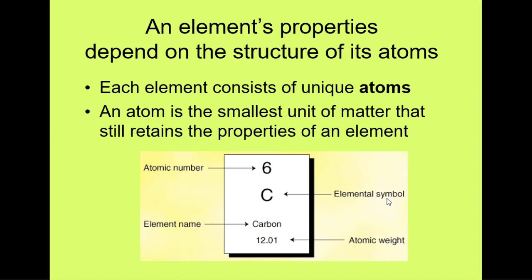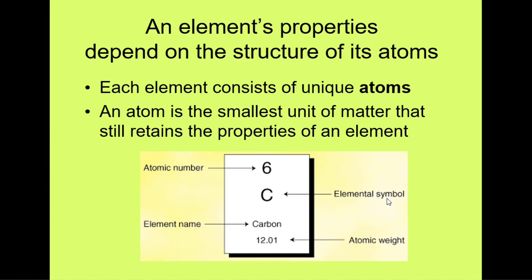So when we see carbon has an atomic number of 6, it tells us that there are 6 protons in the nucleus, but it also tells us that there are 6 electrons moving around the nucleus. So the atomic number will tell us both the number of protons and also the number of electrons. So it's quite handy for that purpose.